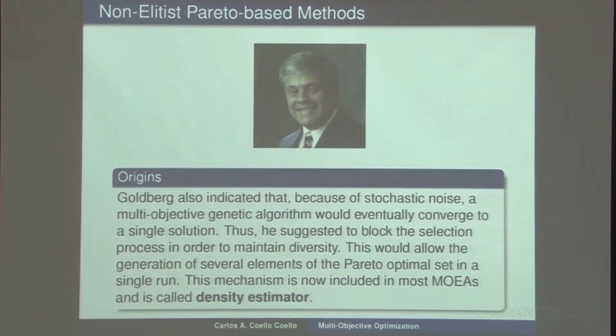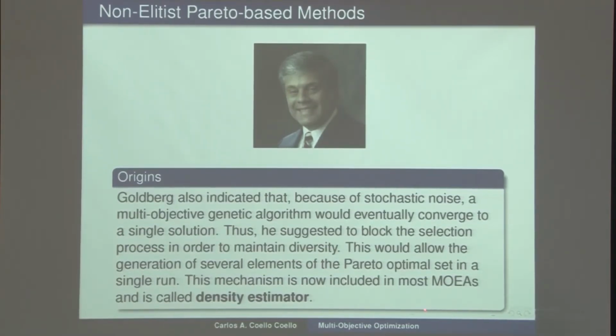So this introduces a stochastic noise. So we have to block the selection process to avoid this from happening. And he said, guess what? I will give you a technique that I just developed very recently that you can use to block the selection process. So he proposed to use something called fitness sharing.